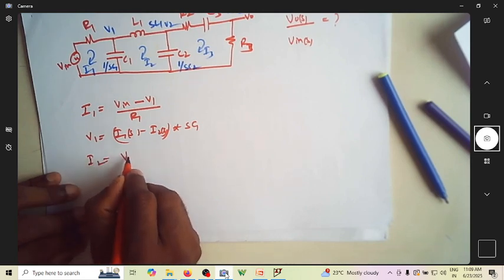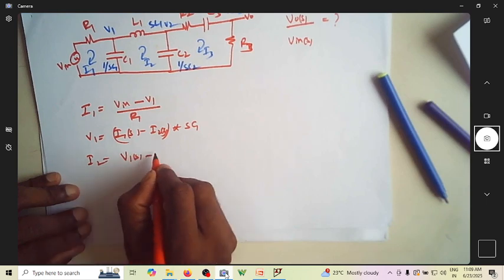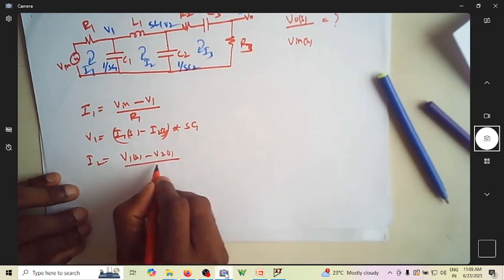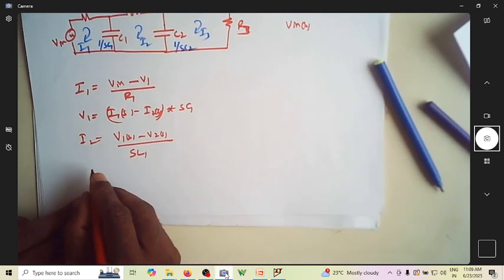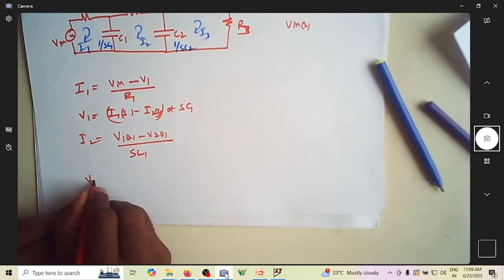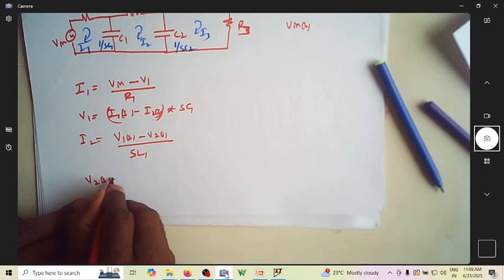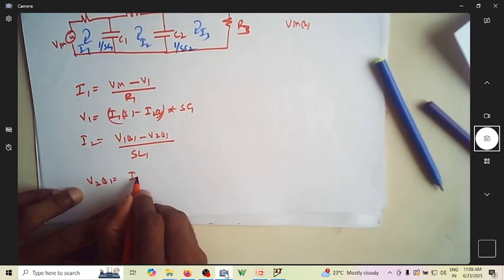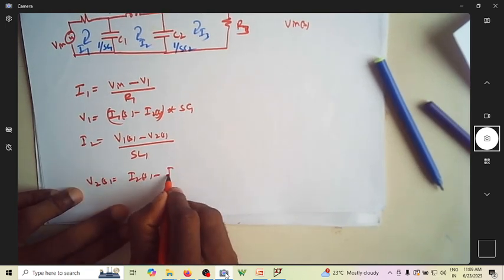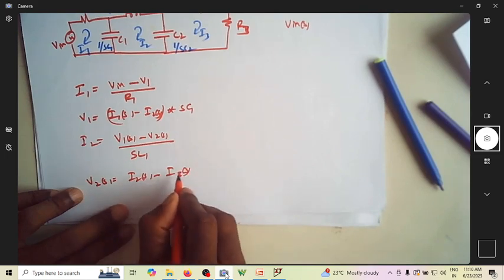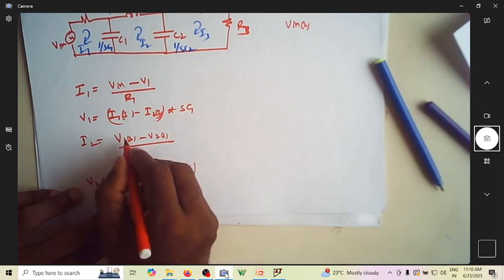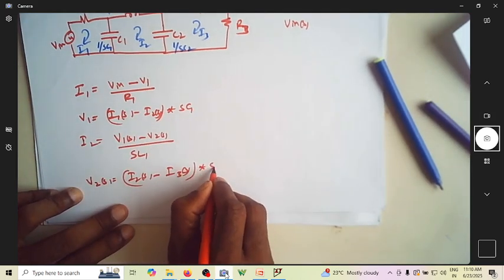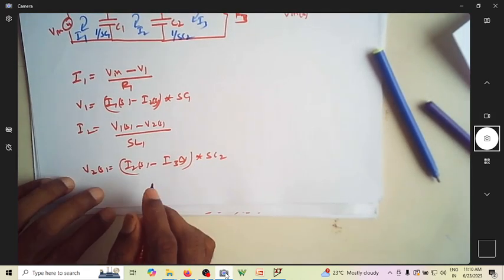I2 is nothing but V1 of S minus V2 of S by SL1. What is V2 of S? V2 of S is nothing but I2 of S minus I3 of S divided by 1 over SC2, which will become SC2 multiplication.